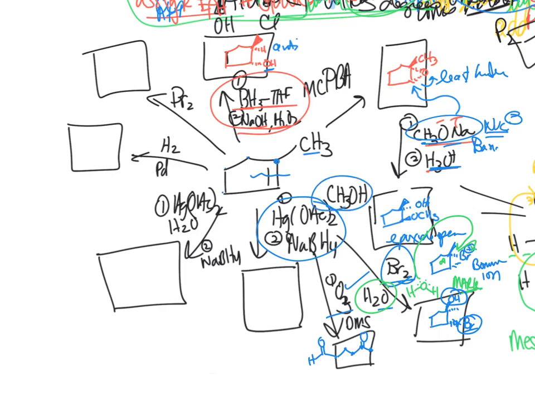So your intermediate here is going to be that mercury acetate called the mercurium ion, because that's positive, and this is going to be electronically driven, where the methanol now is going to come in and open that, and then the mercury gets replaced with a hydride.